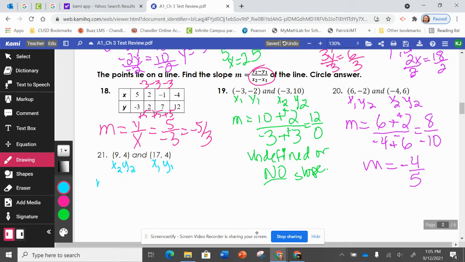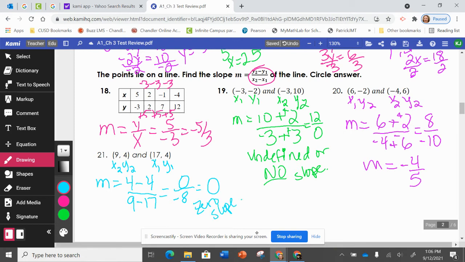So for slope, we have y2 is 4 minus y1 is 4. x2 is 9 minus x1 is 17. 4 minus 4 is 0. 9 minus 17 is -8. And 0 divided by anything is 0. So this is zero slope.